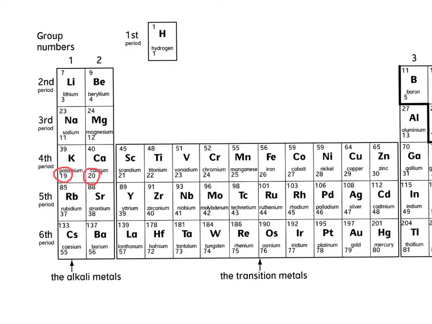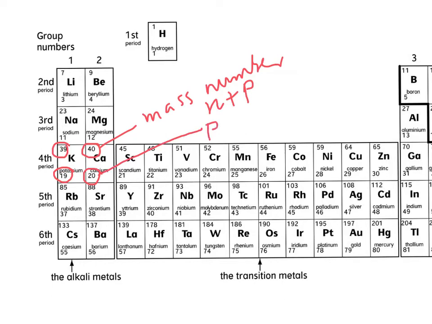We will need to be able to use a periodic table to figure this out, and the number of neutrons and protons using the mass number. That's the mass number, which is the number of neutrons and protons, and the atomic number gives you just the number of protons.